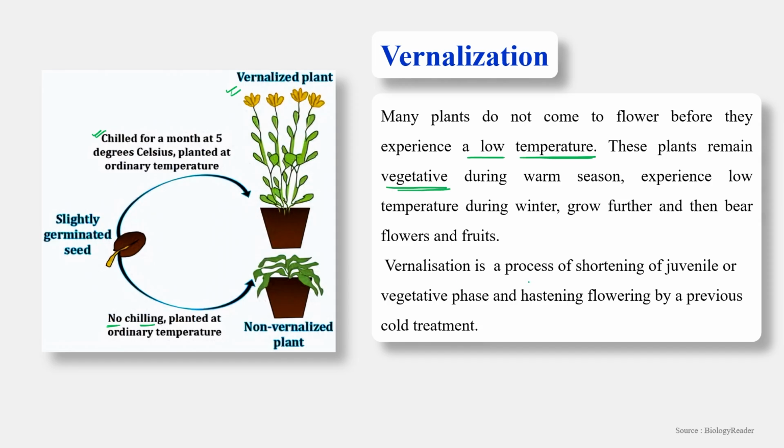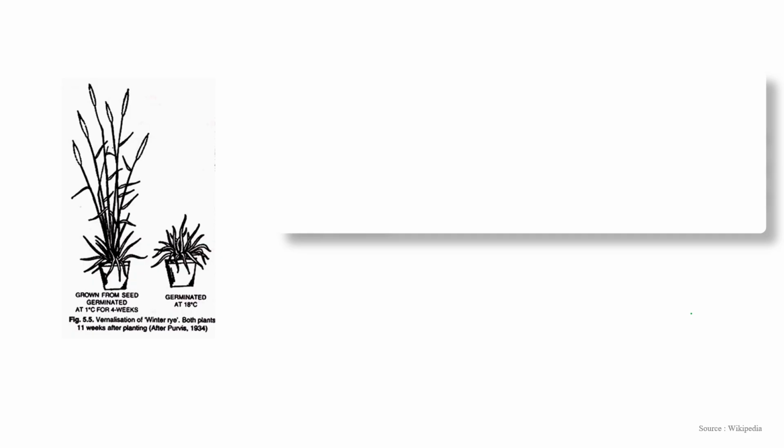So vernalization is a process of shortening the juvenile or vegetative phase of the plant and hastening flowering by previous cold treatment.